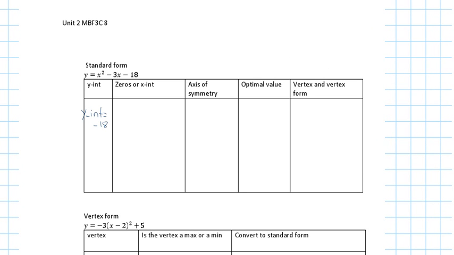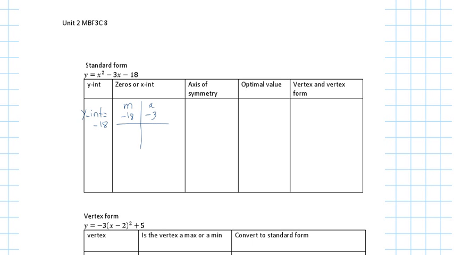To find the zeros, what do I need to do? Factor it. It's a trinomial, 1, 2, 3 terms. So what process do I follow? Sum and product. I'm looking for two numbers that multiply to negative 18 and add to negative 3. 6 and 3.